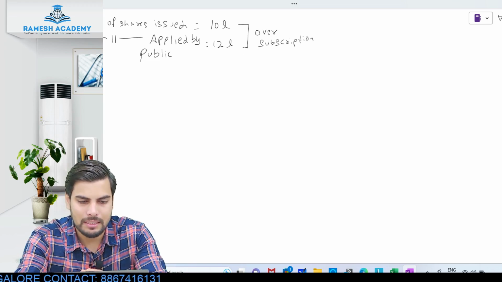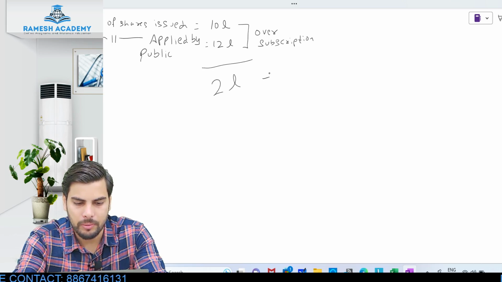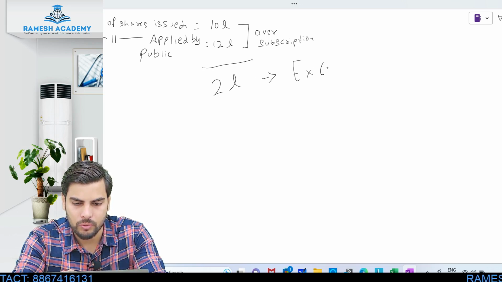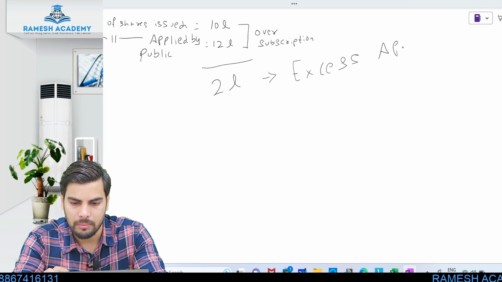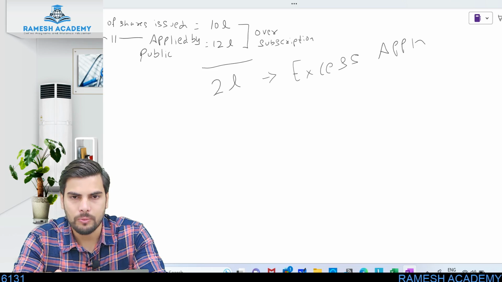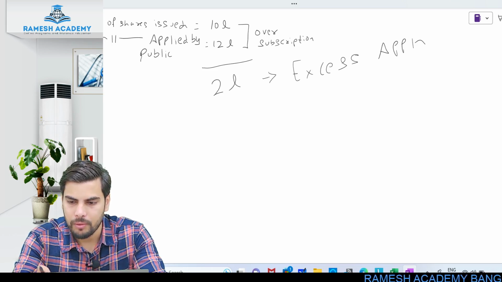So how much is the excess application? The excess application will be to the extent of this 2 lakh. So this would be excess application. What are we supposed to do with this excess application? We will be refunding it.